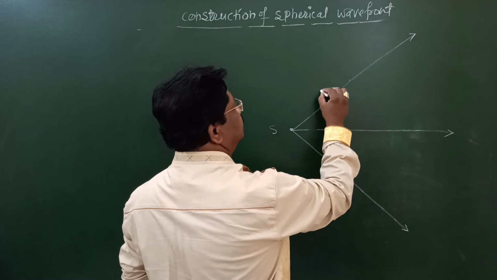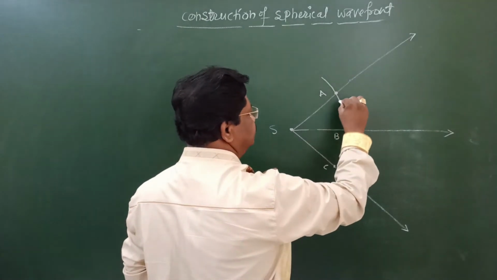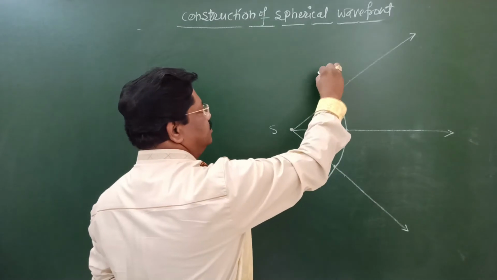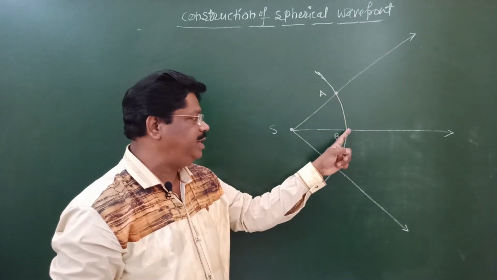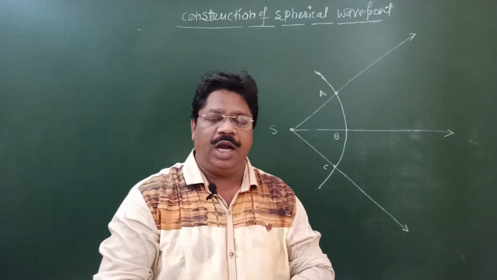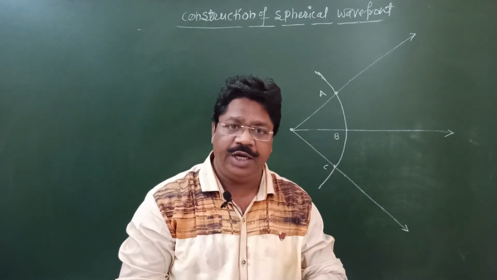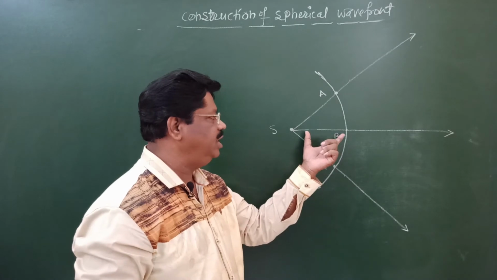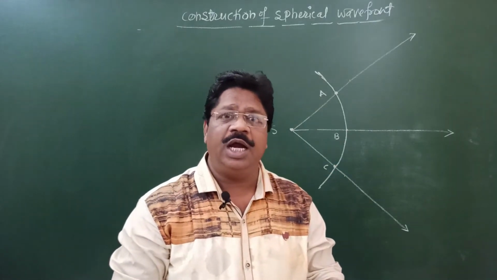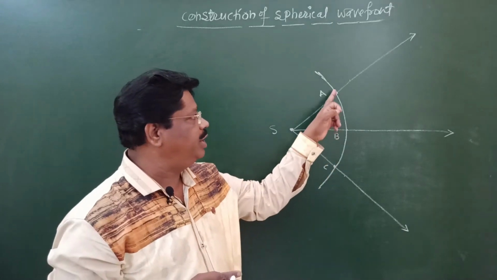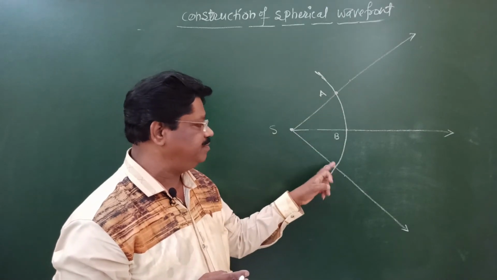Consider point A, point B and point C. This is the spherical wavefront ABC, which is obtained at a distance, suppose, V into T. V is the velocity of light wave and time is suppose capital T. Therefore, this distance is Vt, this distance is Vt, this distance is Vt, and point A, point B and point C are in the same phase, and therefore the envelope joining these points A, B, C, which are in the same phase, is called the spherical wavefront ABC.